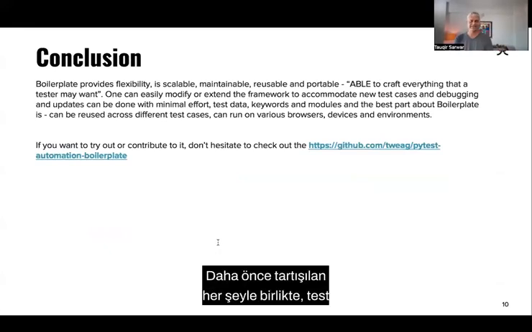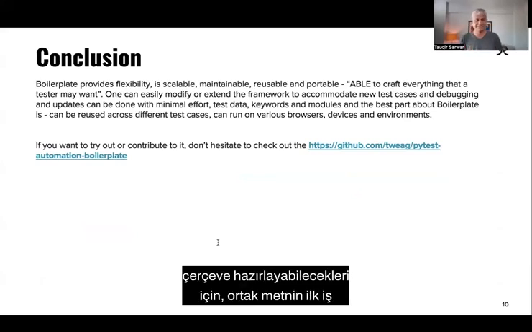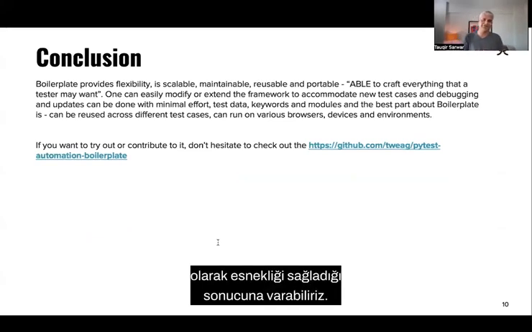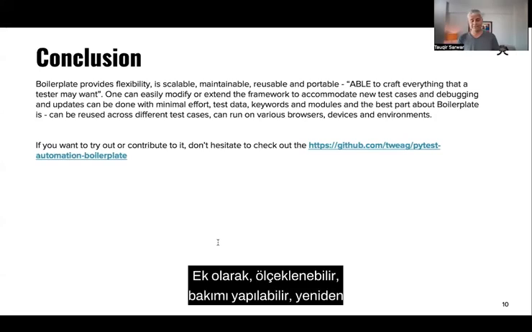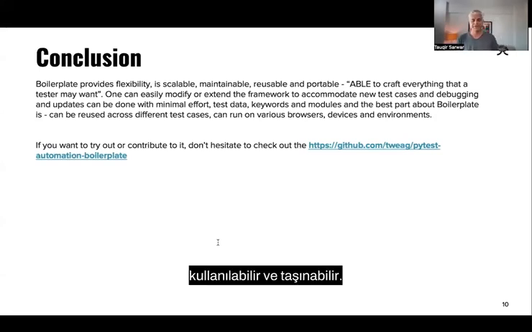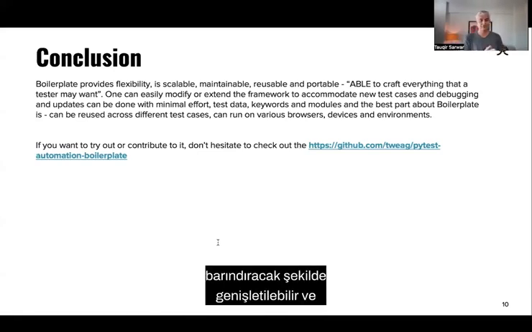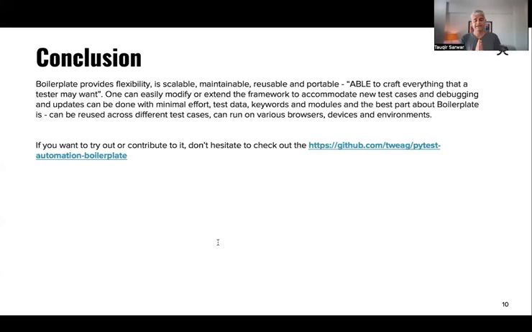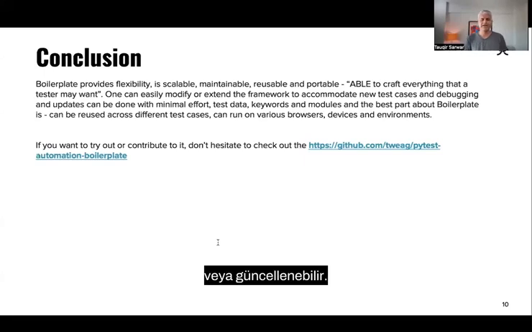With all the stuff discussed earlier, we can conclude that the boilerplate provides flexibility. First, testers can draft a framework that meets the evolving needs of their projects. Additionally, it's scalable, maintainable, reusable, and portable. The framework can be extended and modified to accommodate new test cases very easily, and it can be debugged or updated with minimal effort.